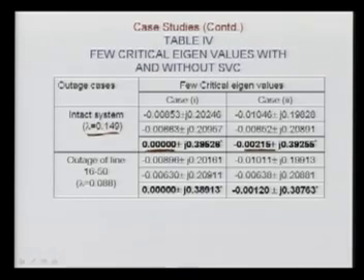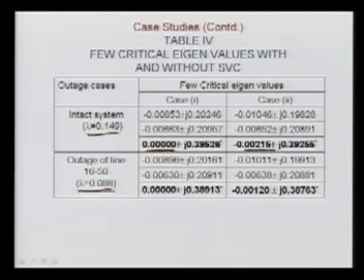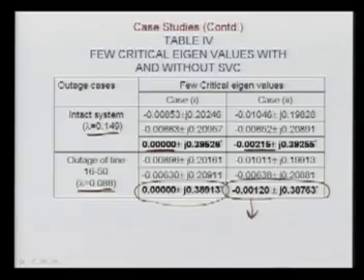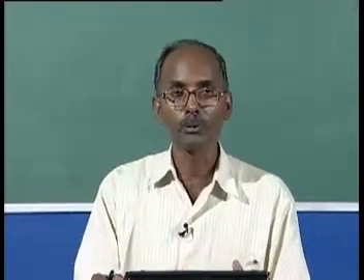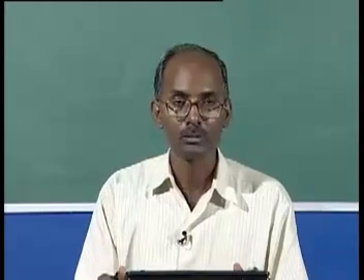Now the Hopf bifurcation is improved, there is no Hopf bifurcation at all for this intact case. For the outage of this line, again at this loading we found the Hopf bifurcation occurring, but at this loading we have avoided it, and this value is not zero. So we can say that the dynamic as well as the static voltage instability are improved with the help of the FACTS controller. Correct?